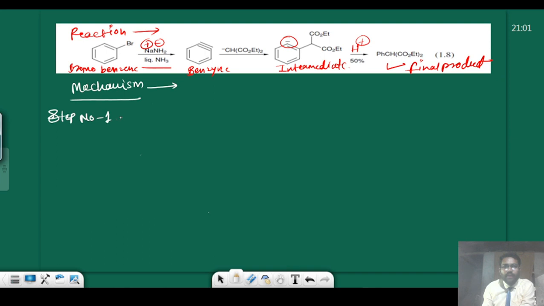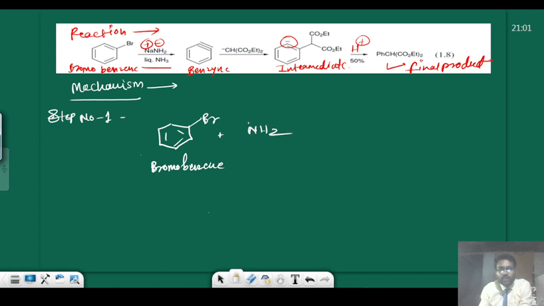First of all, when this bromobenzene is treated with sodium amide, Na plus NH2 minus, a very very strong base, in the presence of liquid ammonia, what will happen?